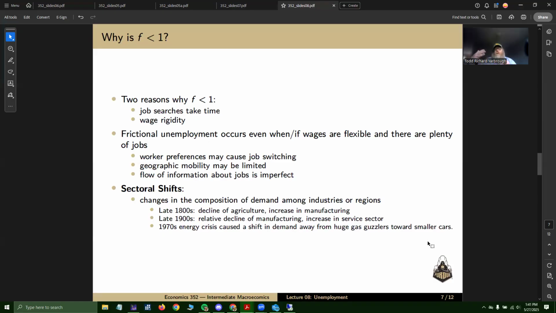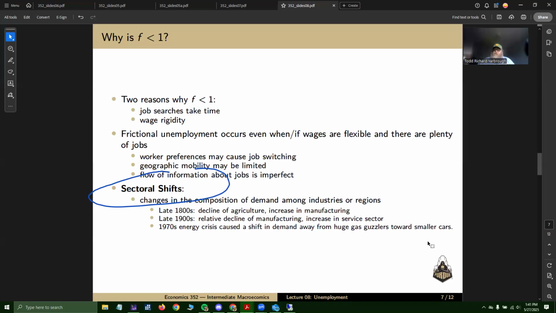That's really what we're interested in: how long is unemployment? How long is it going to take? And depending upon how long a particular unemployment spell is, what should be done about it, if anything? And again, remember, the focus here is going to be on the cyclical unemployment that we have been talking about.